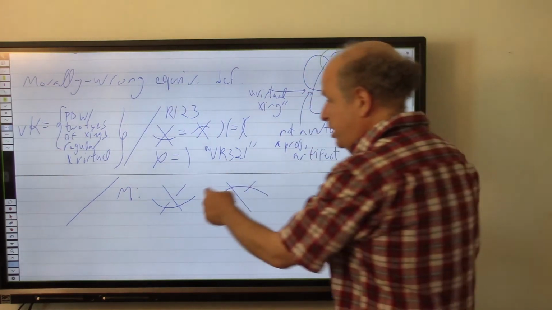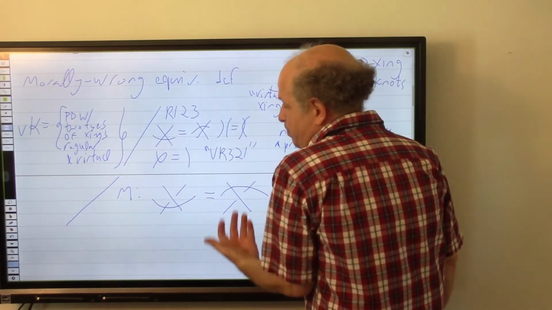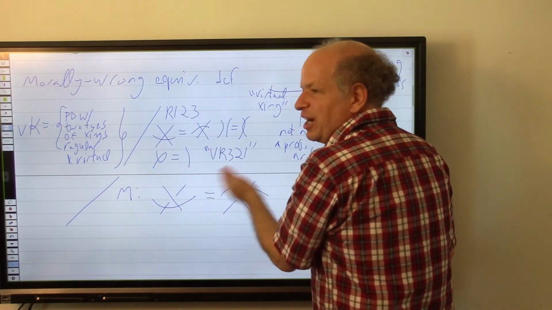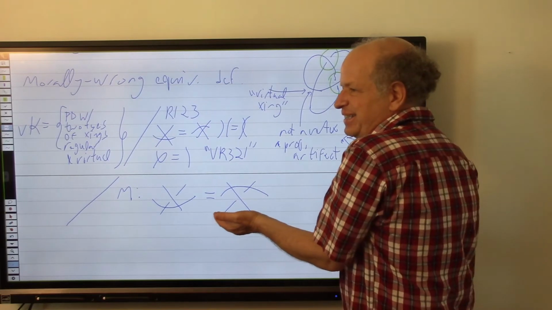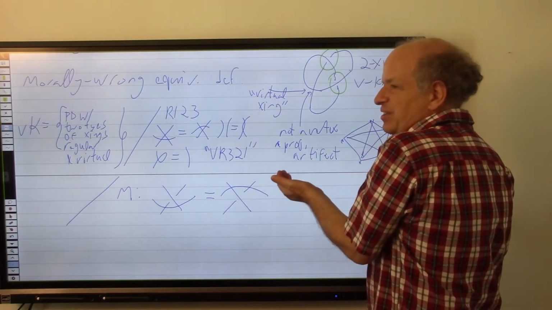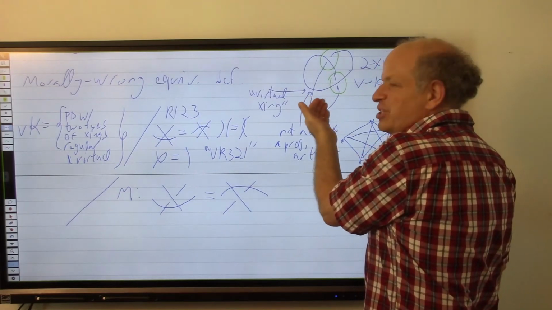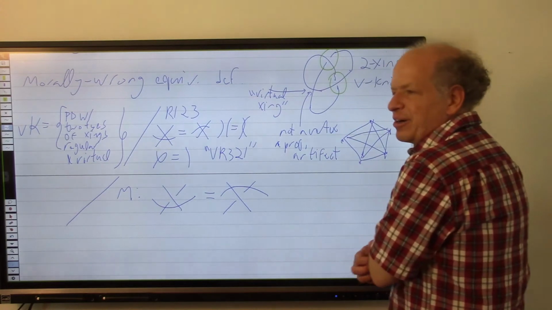This implies that you can move the edges as you please across anything. Okay? So the virtual crossings don't really matter.